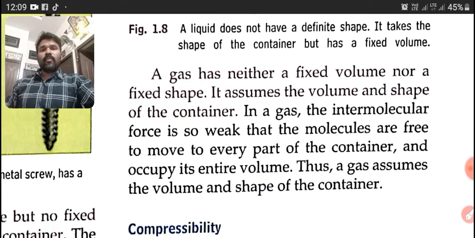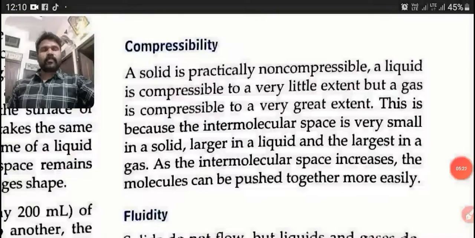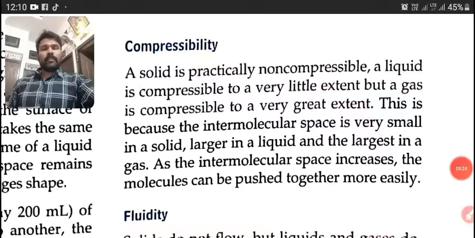Now we are going to start today's section with the point compressibility. Please open page number 3. Okay, students.